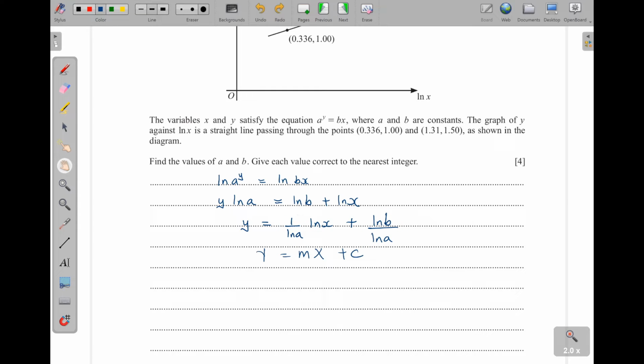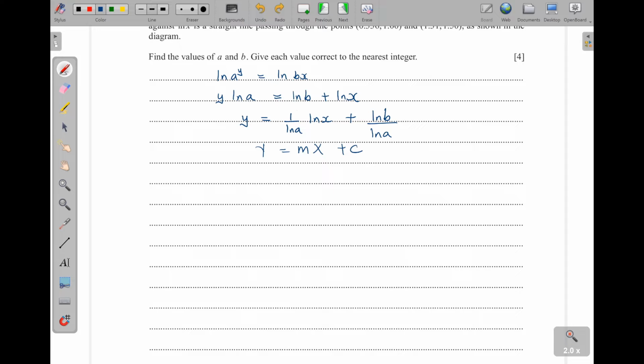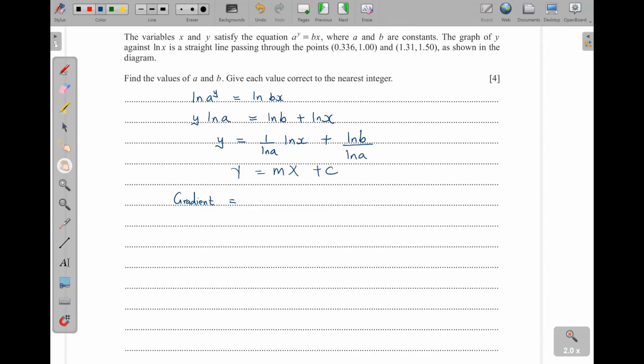Okay. Now, our gradient is 1 over natural log of a. So you show how you find the gradient. Gradient is always equal to the change in the vertical axis divided by the change in the horizontal axis. So the gradient here, look at the values given. We have the change in y is therefore going to be 1.50 minus 1.00.